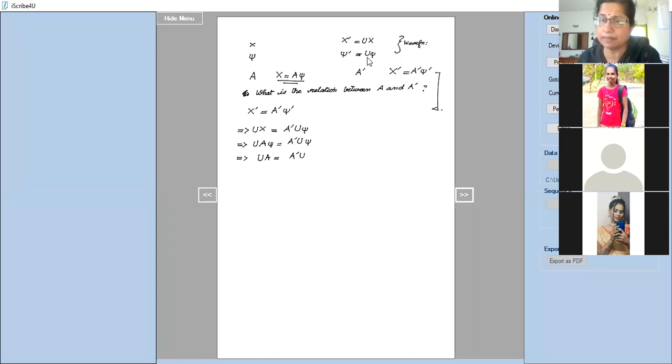Okay, so we can write this. Now, operate on both sides from the right with U dagger. So therefore we will get UA, now operating from the right with U dagger, is equal to A prime U U dagger.